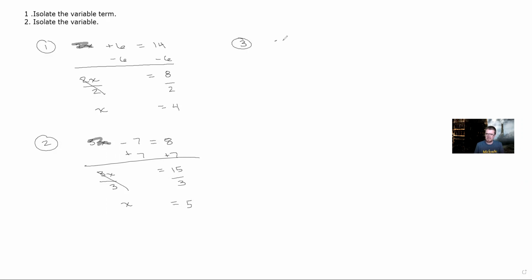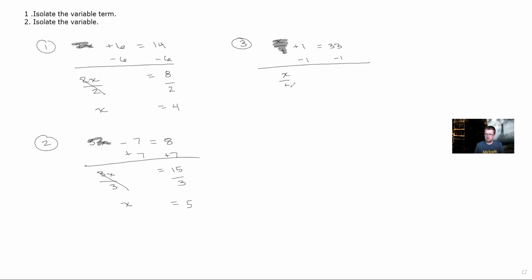Number 3, x over 4 plus 1 equals 33. Same process. I'm going to first isolate the variable term. My variable term here is x divided by 4. So to get that by itself, I'll first subtract 1 on both sides.